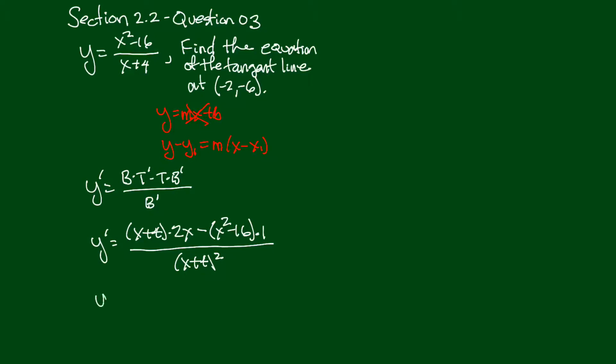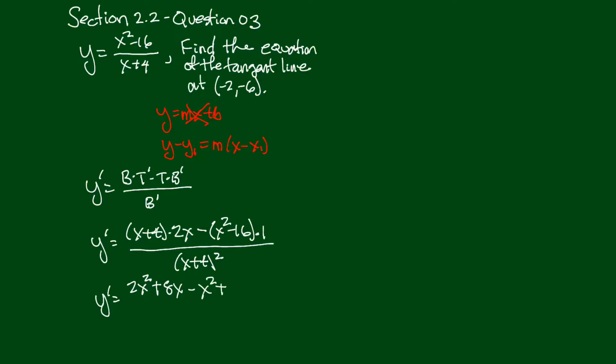So a little bit of algebra here. Y prime is equal to, let's multiply through, distributive property. We'll get 2x times x is 2x squared plus, then right in here we'll get 8x. And then over here, think of negative 1 times all this, so let's just multiply that negative 1 through.